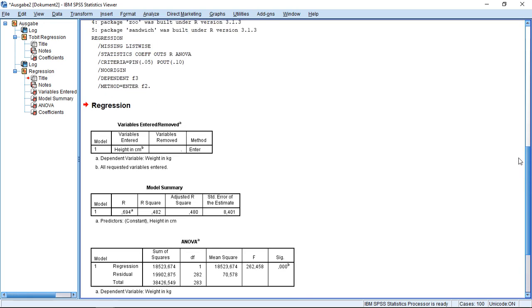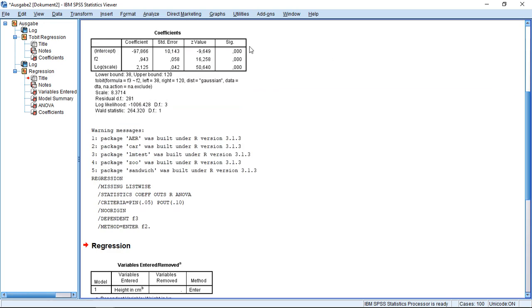If I turn back to my results from the Tobit regression, minus 79.866, and here a slope for the height of 0.943. So this is actually exactly the same, because we did not cut off any of the values.